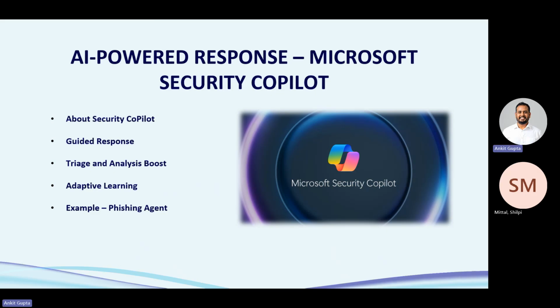In short, Security Copilot adds an intelligent layer on top of existing automation, helping make sense of complex incidents, accelerating investigations, and guiding remediation. It's still maturing, but already demonstrates how AI and human analysts can work together to handle threats faster and smarter.